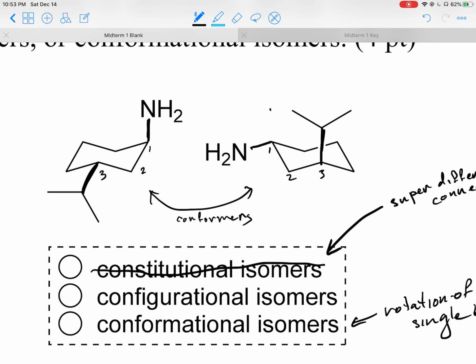But if NH2 is up here and everything else stayed the same, then that would be a configurational isomer. Basically, if the wedges and dashes switch.